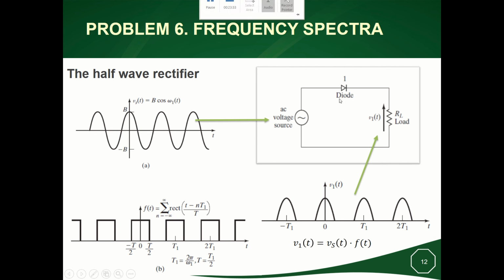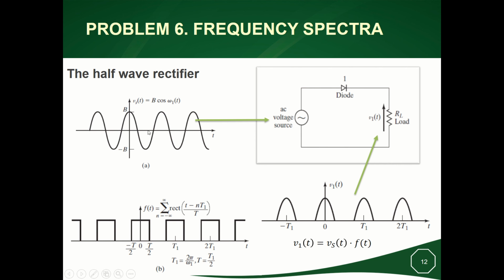Because the diode permits only the positive parts of the signal. So when the signal is positive, the current will go through the diode, and then I will have a voltage here.